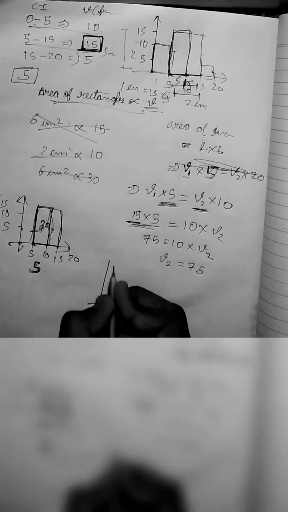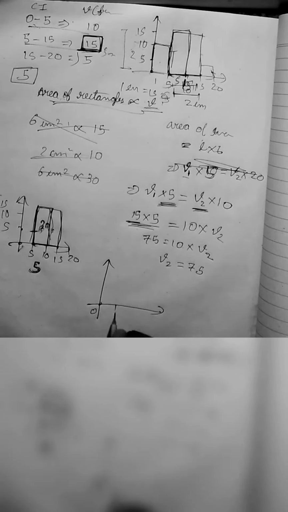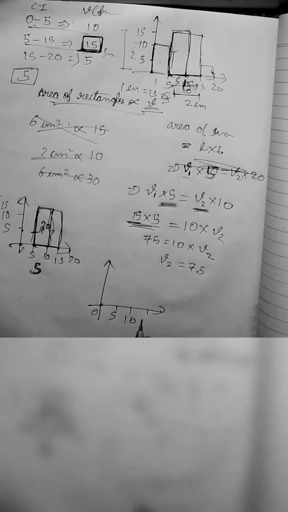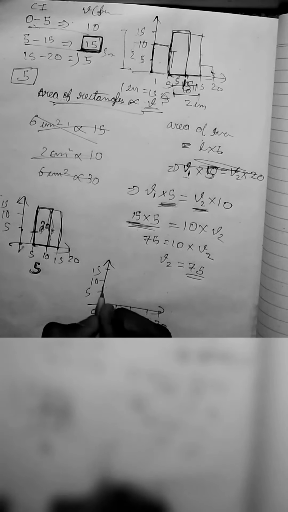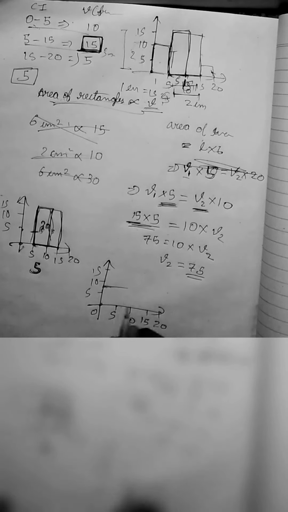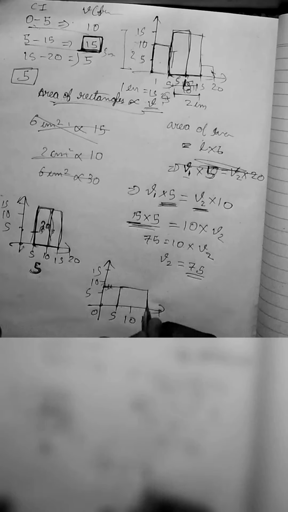So if we have drawn like this, 0 5 10 15 and 20, and 5 10 15, from 5 to 10 of 7.5. So 7.5 will lie around this. So if I have drawn it is like this.